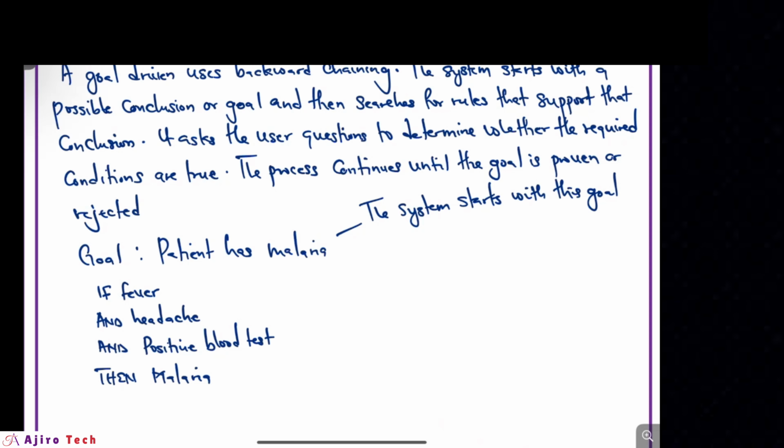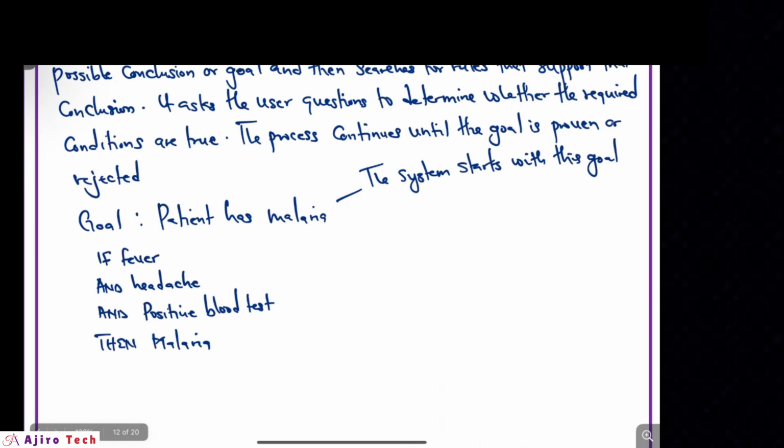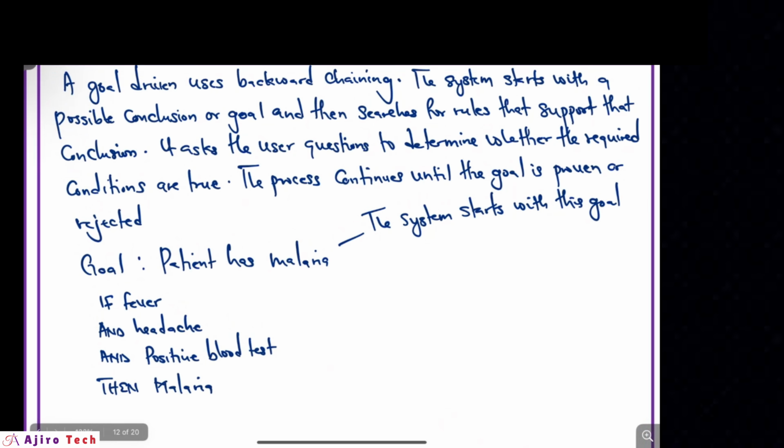So the system works backward. That's the backward chaining. Are you learning? The system works backwards.